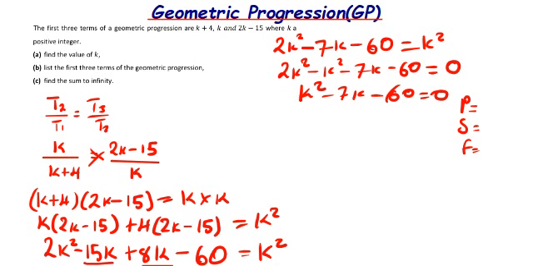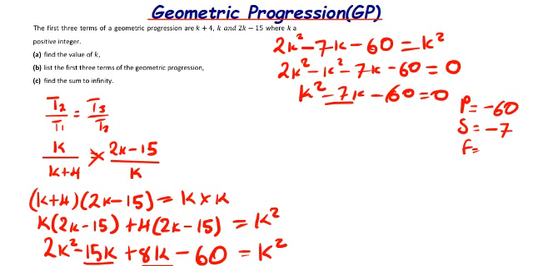I'm going to use the factorization method. So in order for you to come up with the product, you get the coefficient of k squared, that is 1. So 1 multiplied by negative 60 is negative 60, and then your sum, you just get negative 7 there. So that is our sum. For the factors, we look for the numbers that can multiply to give us negative 60, but when you add, they will give us negative 7.